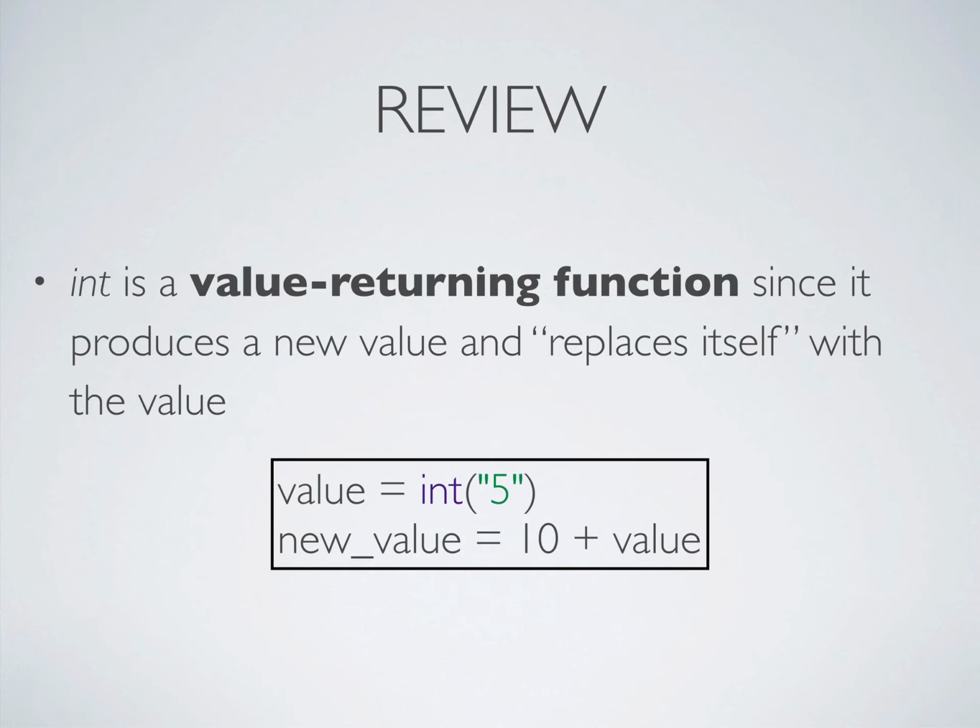Really quick review: int is one of those built-in functions in Python. Remember, this is the function that takes a value and converts it to an integer if it makes sense to be an integer. This is a value returning function because it produces a new value, whatever that integer is, and during the function call, it gives that value back.